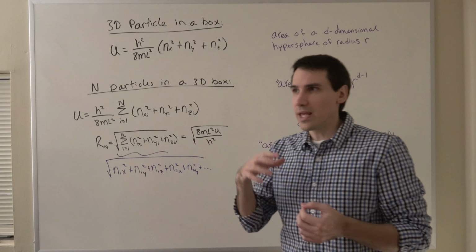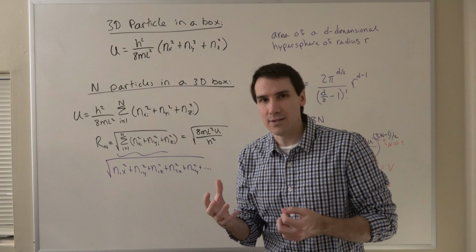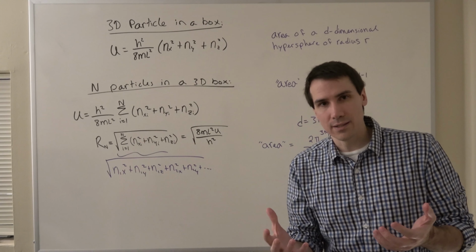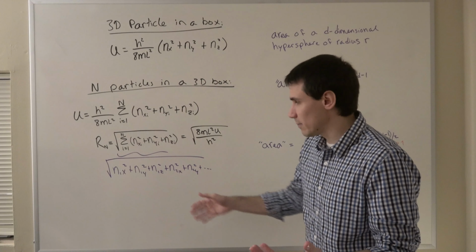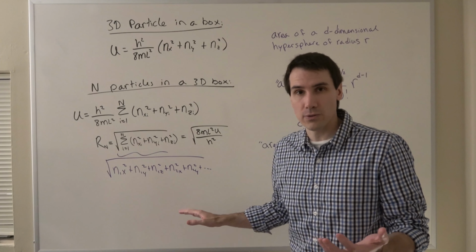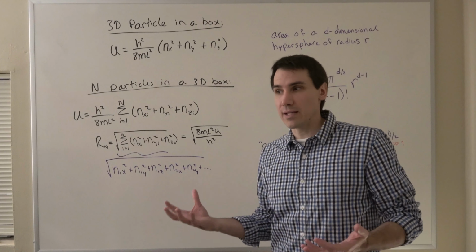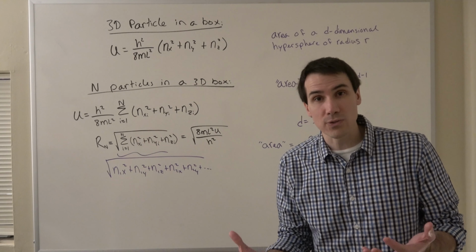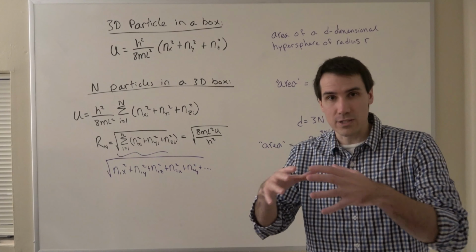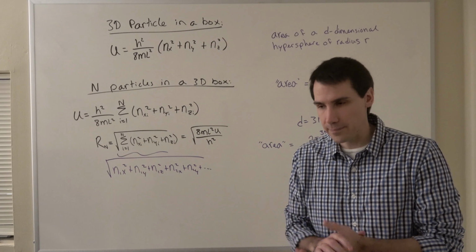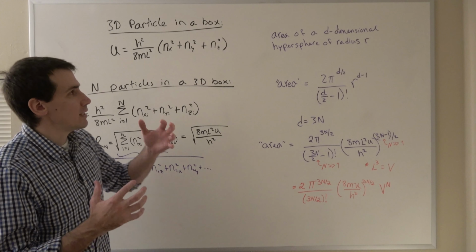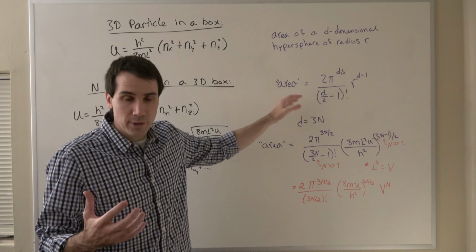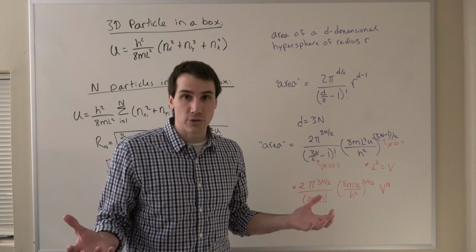Okay, so if we could hypothetically find the surface area of this hypersphere in this super high dimensional space, depending on how many particles we have, we could then find the number of microstates that lie along this surface area. So what we need is an area formula for some super high dimensional space.